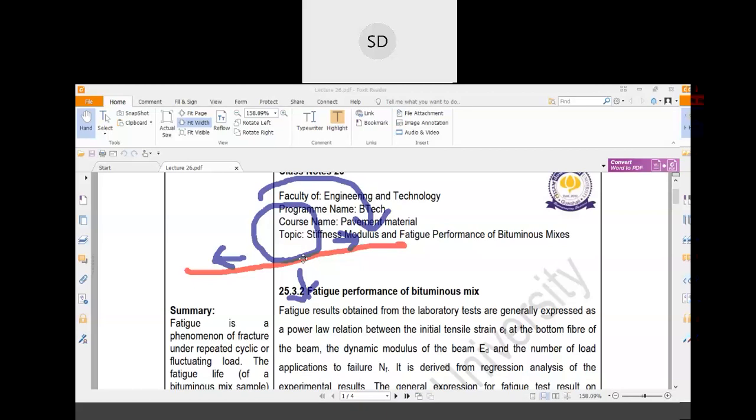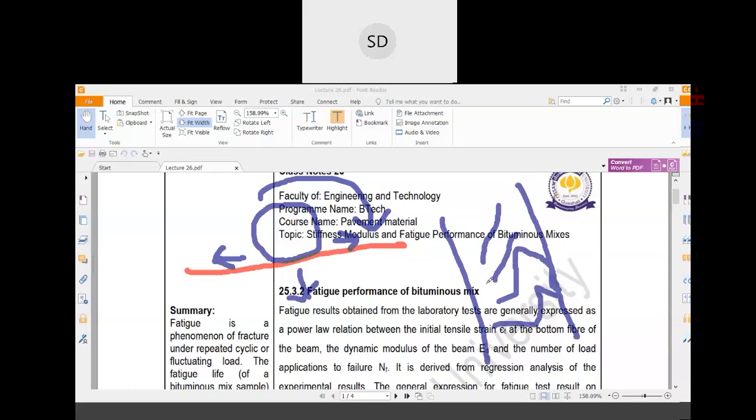Because of rutting or rut failure, you may observe different potholes or pavement damages over the road surface. There is another type of damage called fatigue damage, which is caused by the tensile forces. For this reason, you will observe different cracks over the pavement.